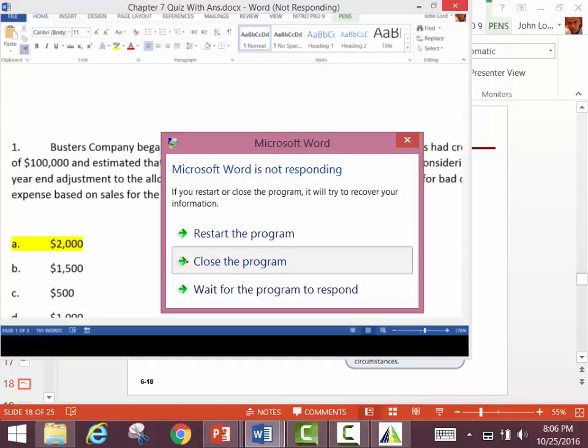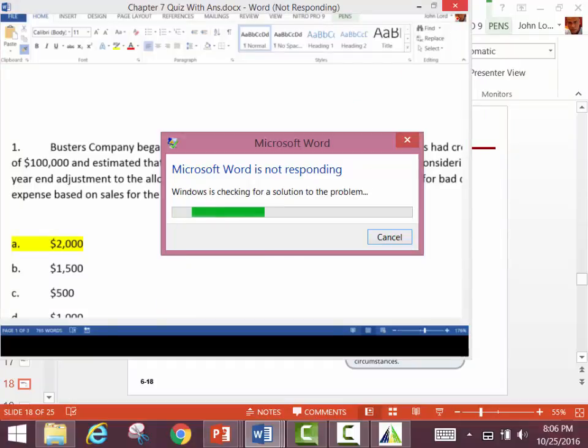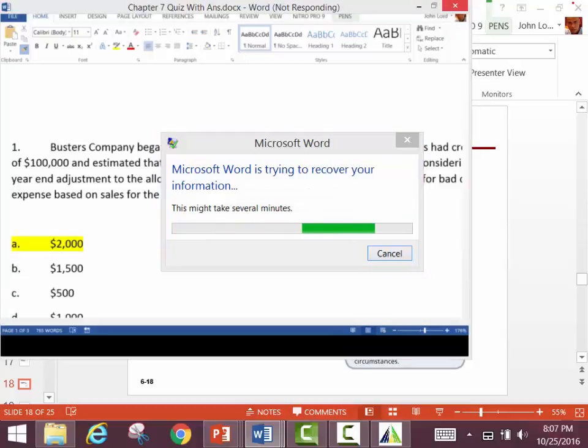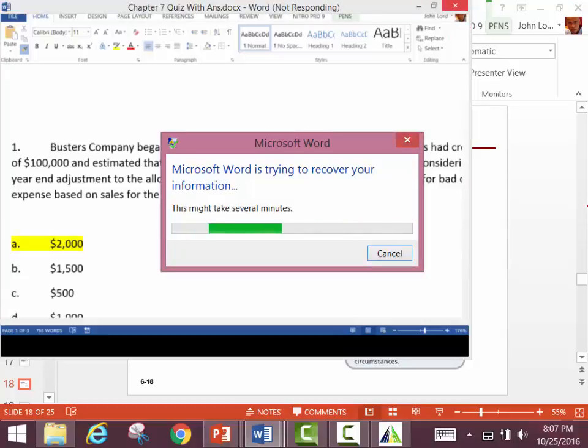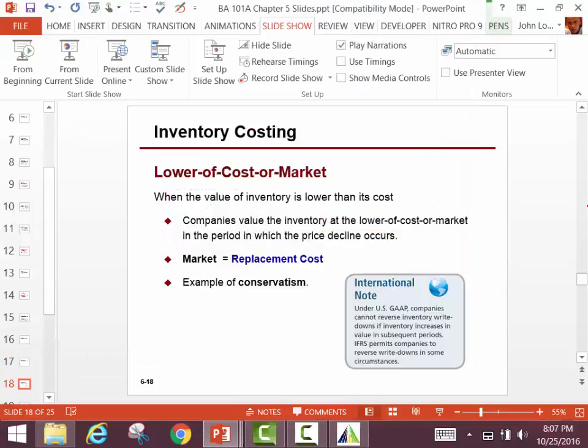Okay, we'll close the program then. Well, don't recover my information. Just let it go. I mean, since you messed it up now, you don't need to recover anything. That's me talking to Microsoft Word.